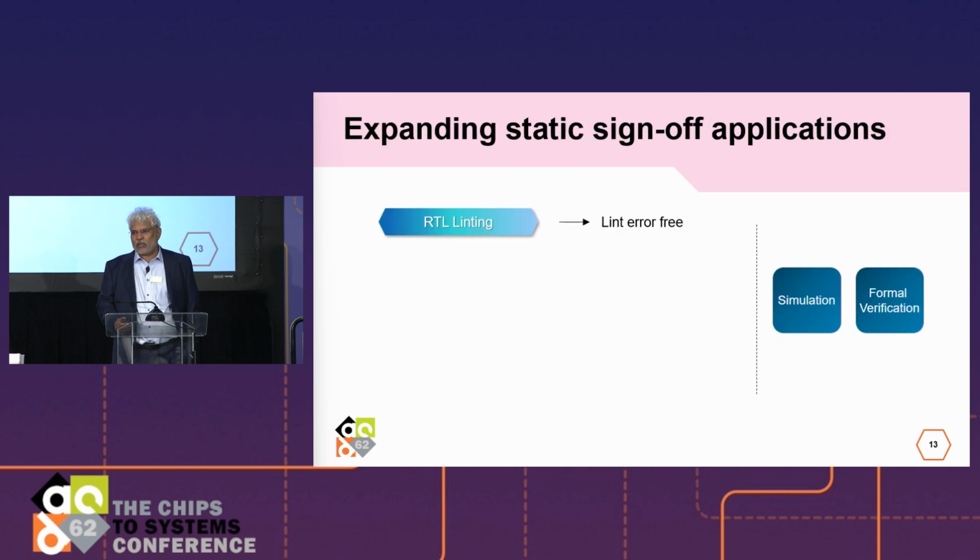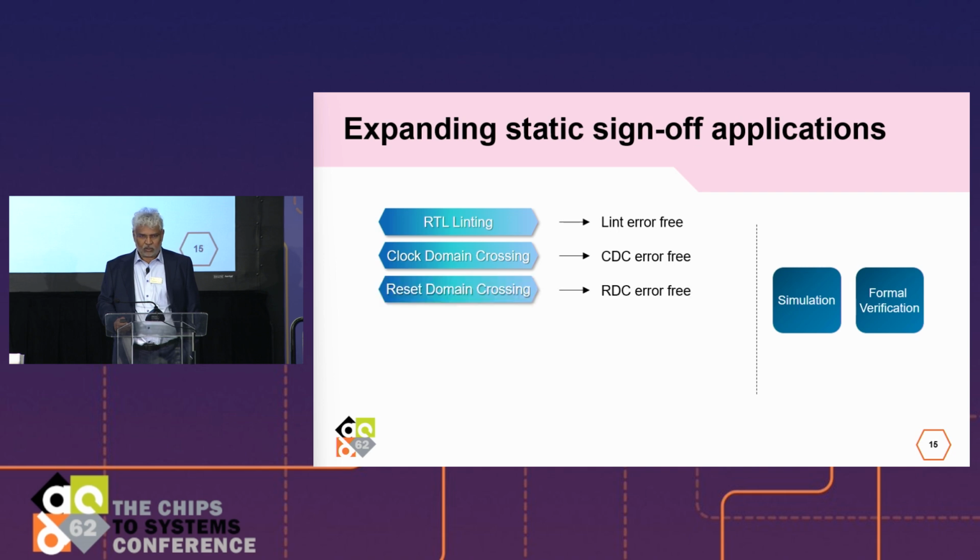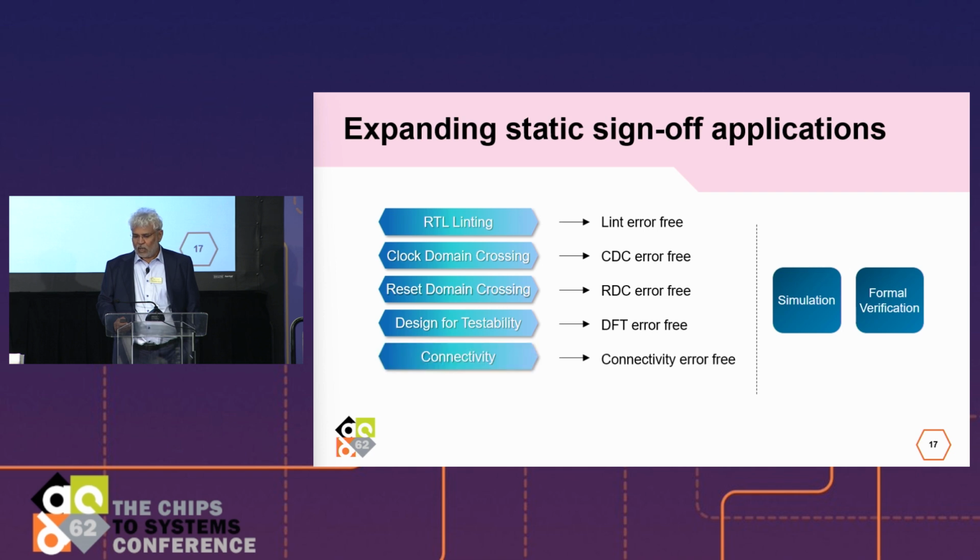If you look at the evolution of static tools, the granddaddy is lint, which started 20 years back. CDC, we are all familiar with that. Reset domain crossings came after that. Now DFT is finding increased application in design flows. Connectivity checking makes sure the interconnect and architectural integrity of your design is maintained.